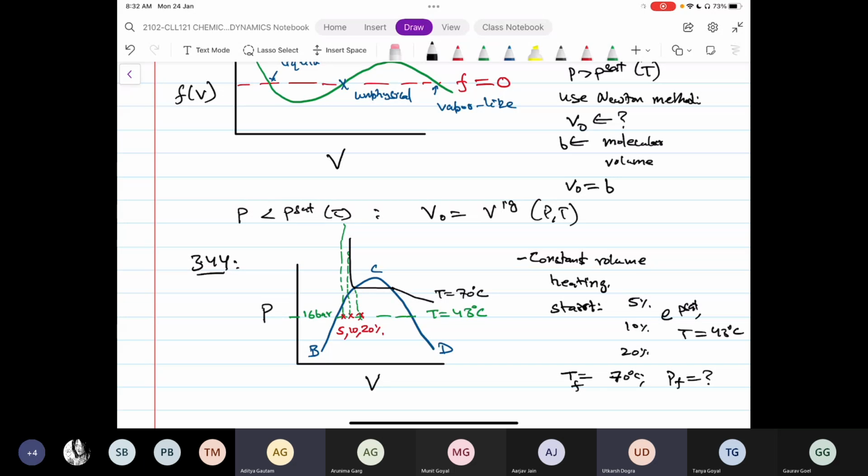Pressure increases very rapidly. We are doubling the concentration, but the pressure changes a lot.